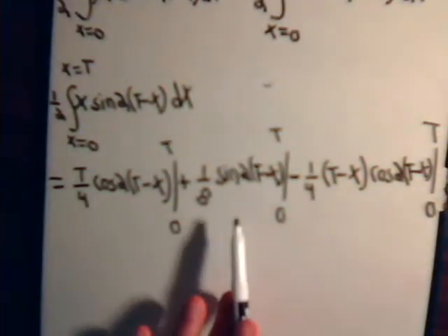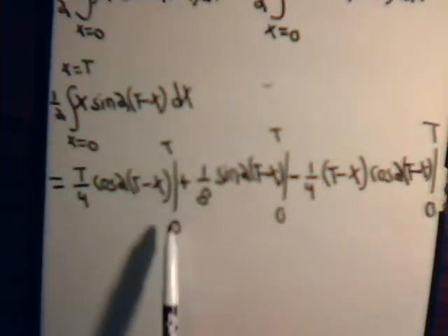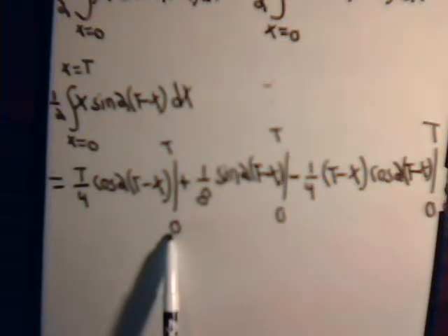Let's see if we can get all this together. Okay, this plus this minus this is that integral right there. Let's see. Here we have t over 4 times the cosine of this with these limits.